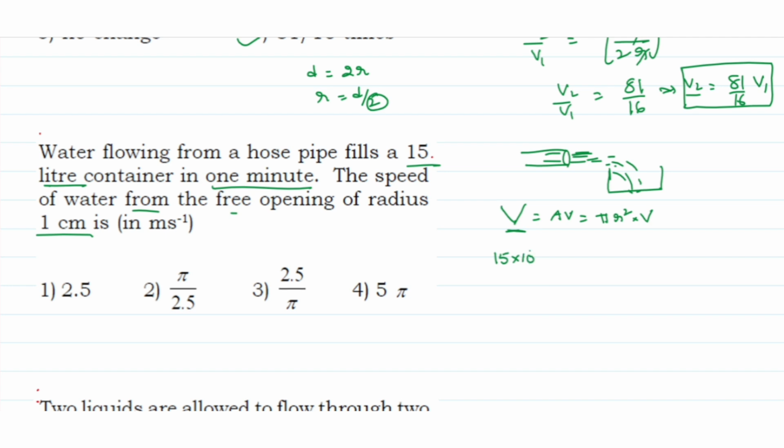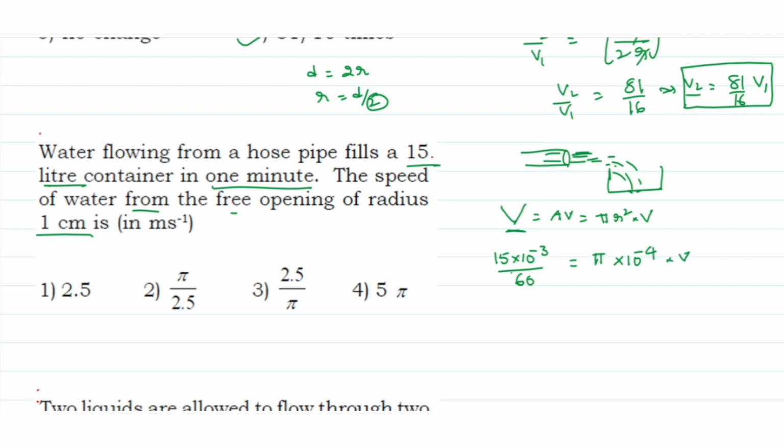Liters I am converting into 10 power minus 3. Unit time, the time is given as 1 minute, which you convert into 60 seconds, equal to pi into R, where the area of radius 1 centimeter, you have to convert: 1 centimeter square means 10 power minus 4 meter square, into velocity V.